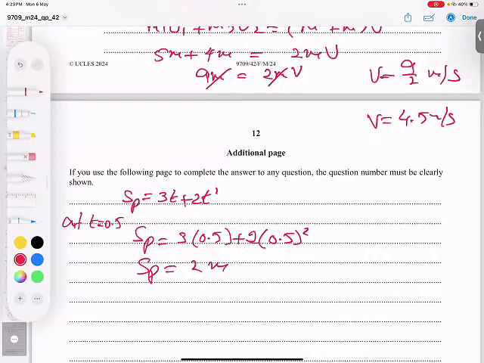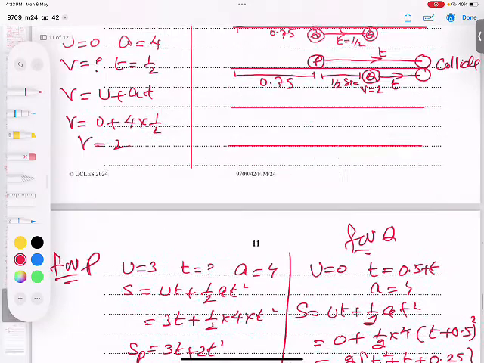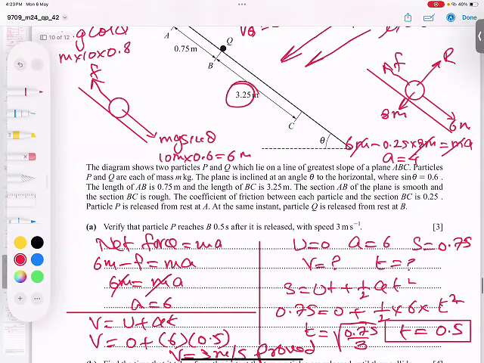And I want to know how much it will travel further down. You see, look at here, the total is 3.25. It will move 2 meters where the collision happens. How much distance remaining, students? So 3.25 minus 2, so 1.25.